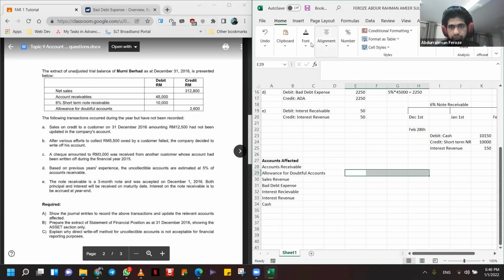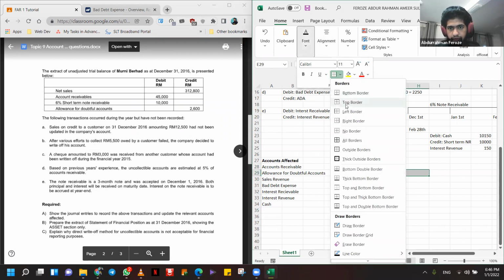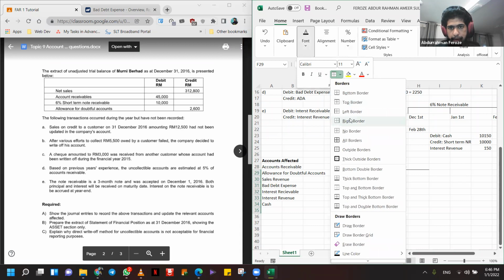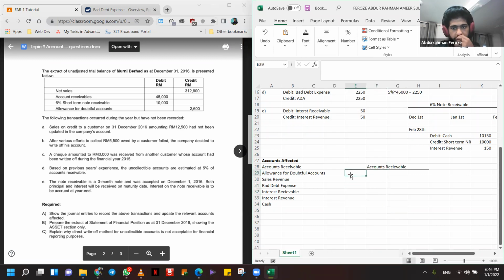So first, let's deal with accounts receivable. The brought forward amount was debited 45,000.